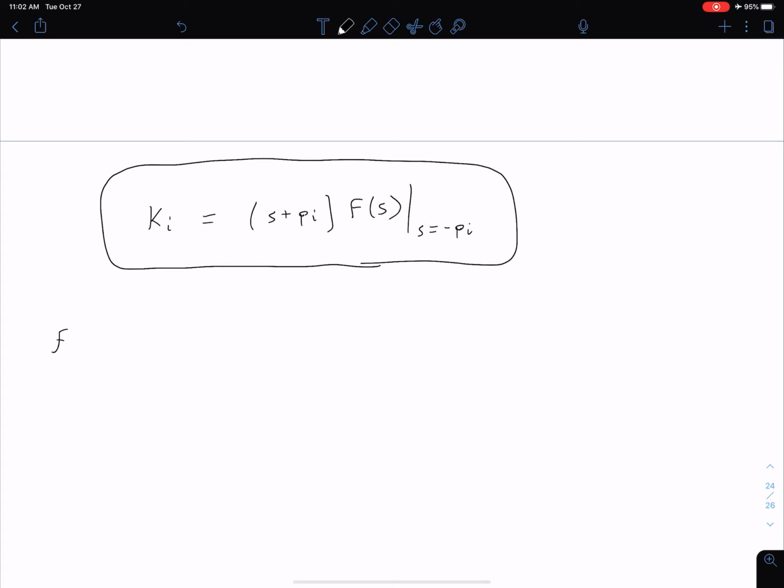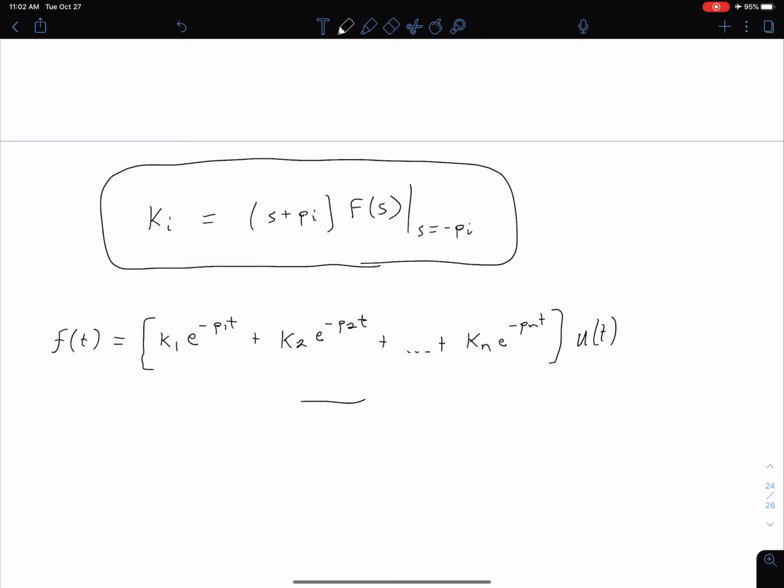In general, our function in time, f of t, is equal to k1 e to the minus p1 t plus k2 e to the minus p2 t, and so on and so forth, all the way until we get to k sub n e to the minus pn t, and all of that is multiplied by the unit step u of t.